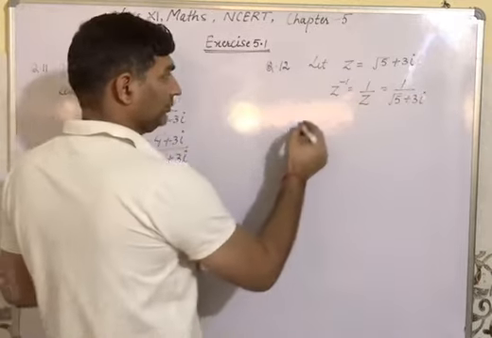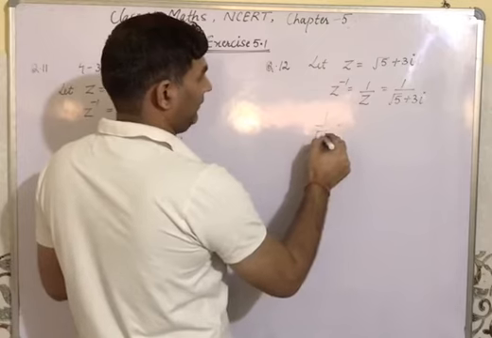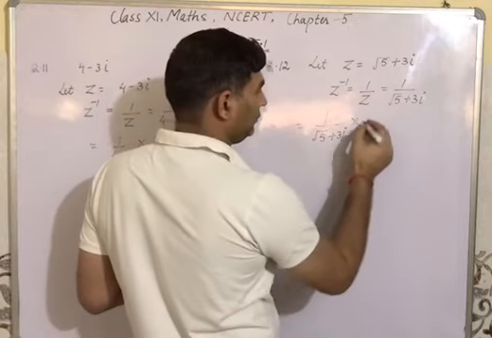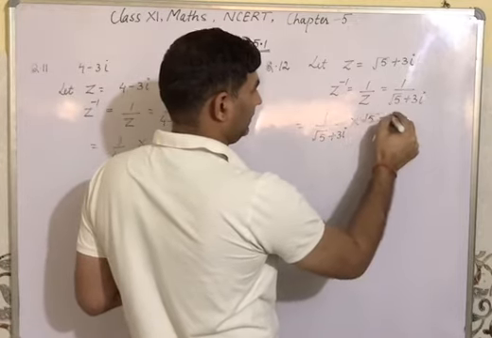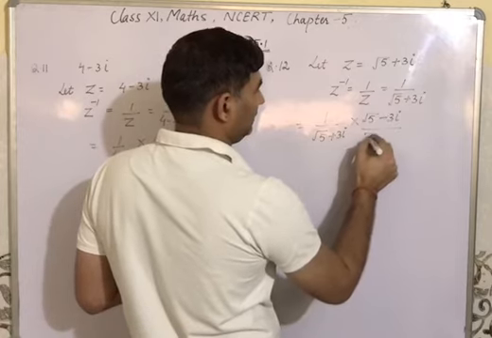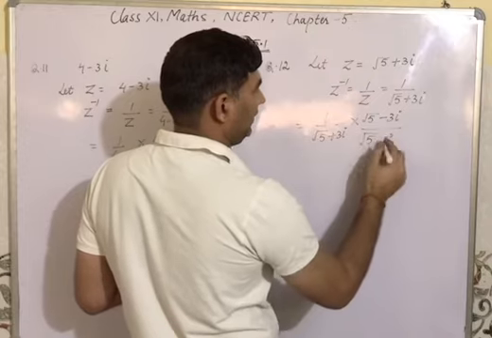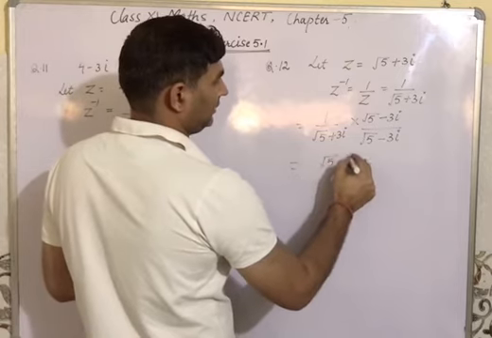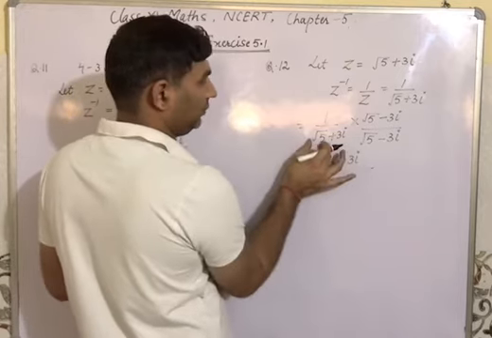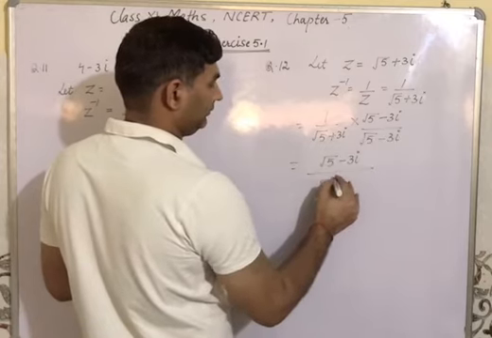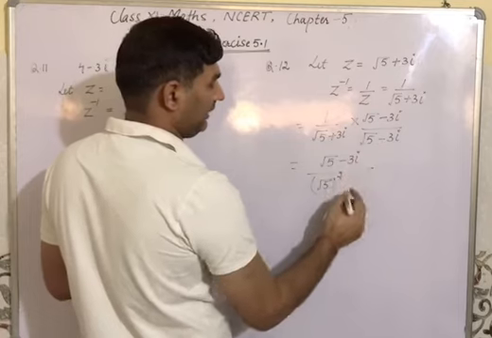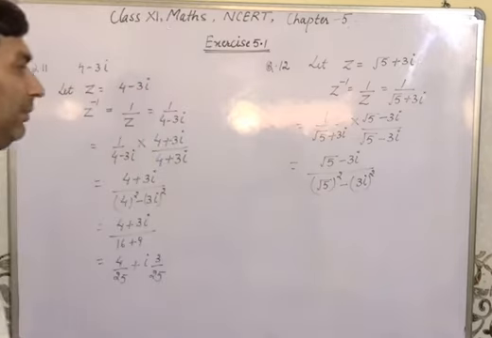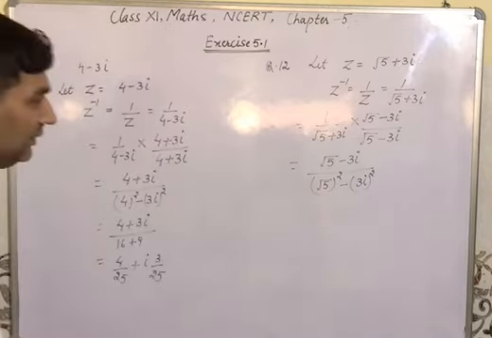Then multiply the conjugate to numerator and denominator: root 5 + 3i times root 5 − 3i. So root 5 − 3i upon root 5 square minus (3i) square, using the identity (a + b)(a − b) = a square minus b square.